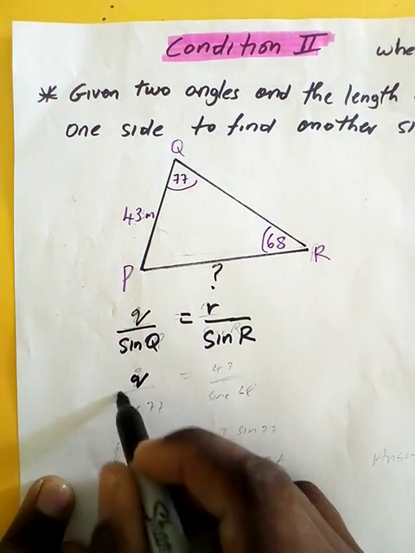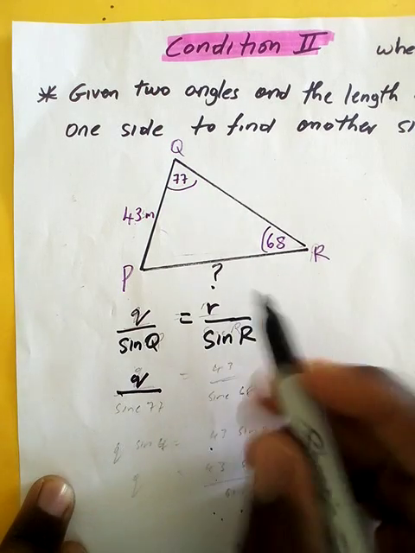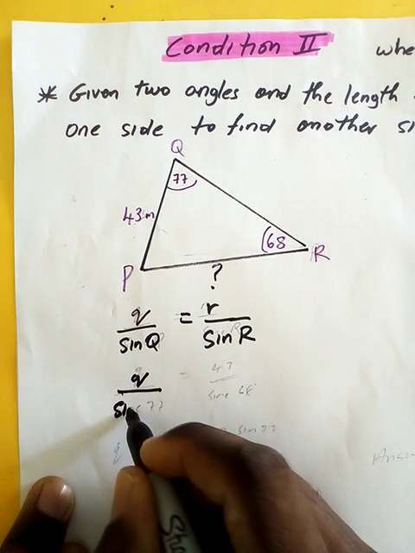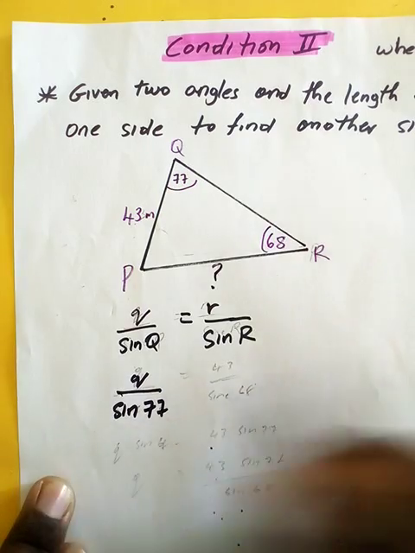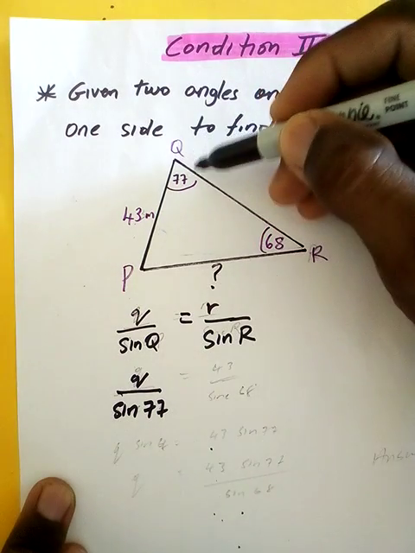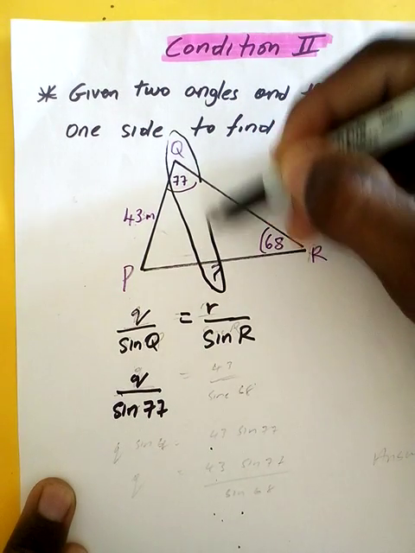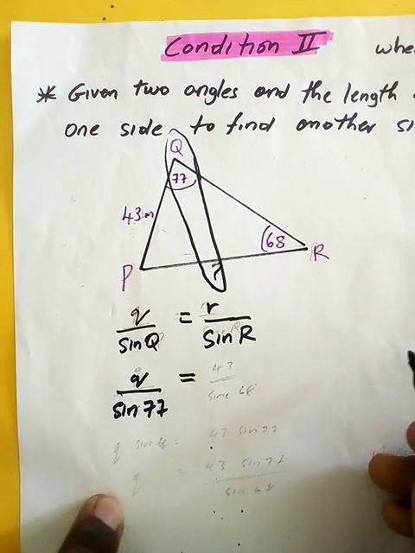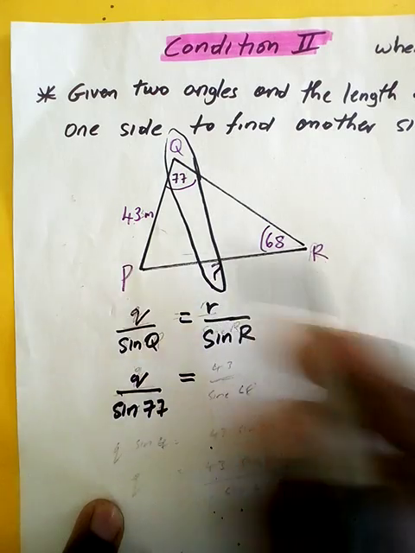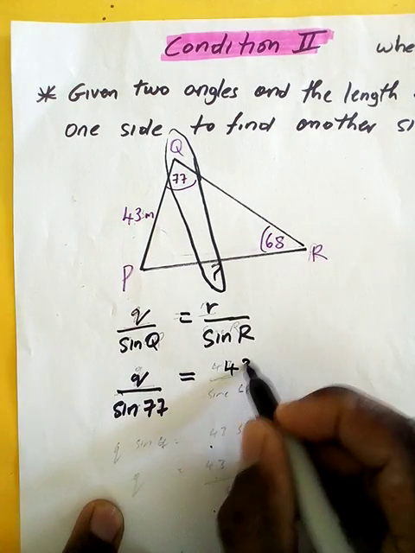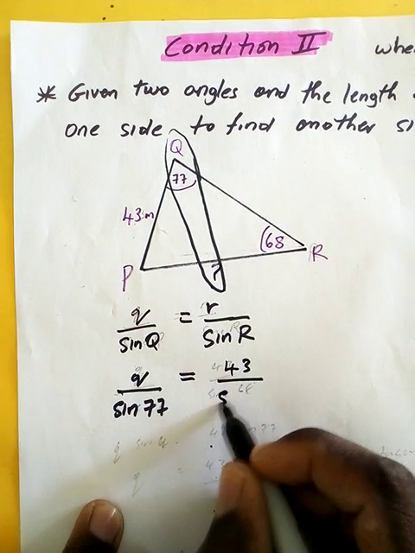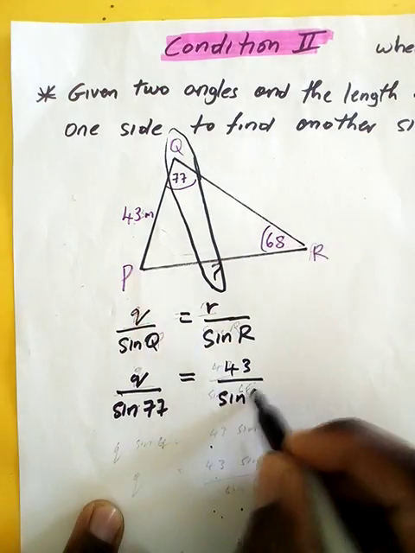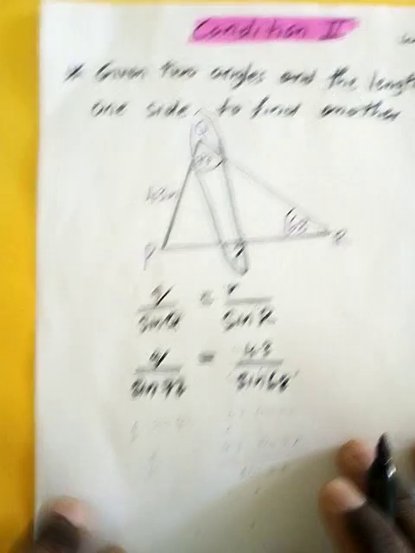We don't know, over the sine 77 because it's opposite. So there's a relationship between this. So a side over the angle equal side for r, 43 meters, over the sine of the angle, which is 68 degrees.